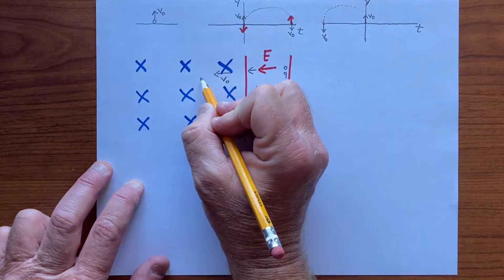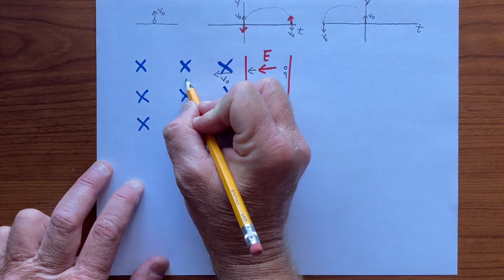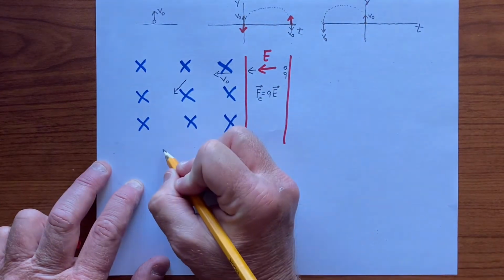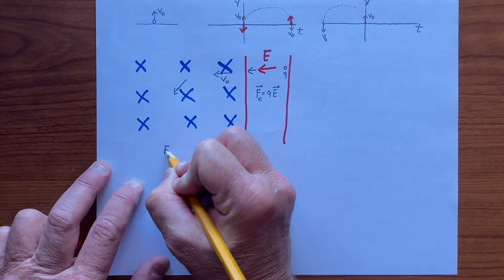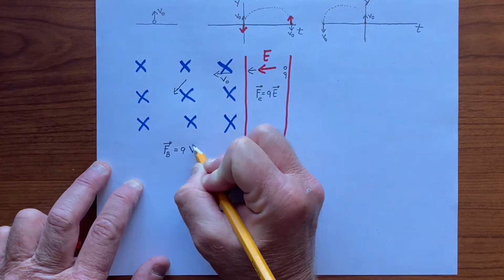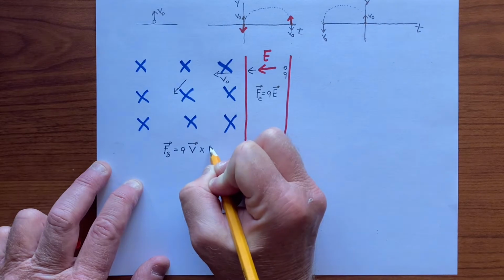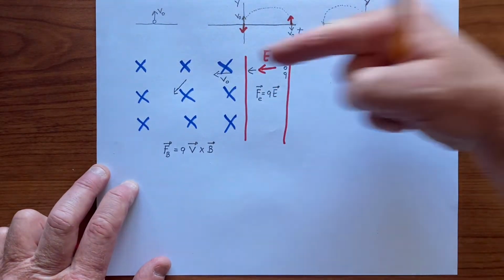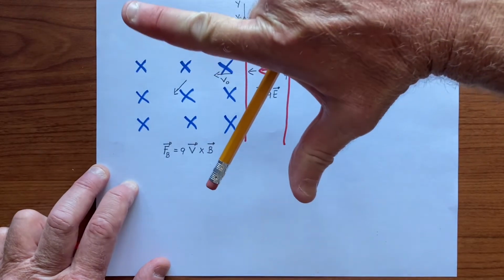And of course, the magnetic field will make it turn, right? Because we have a magnetic force, which is FB equals Q V cross B. So this force will be V cross B, which is into the page.